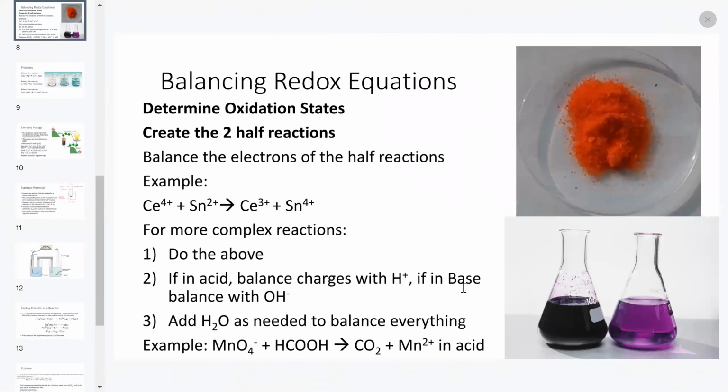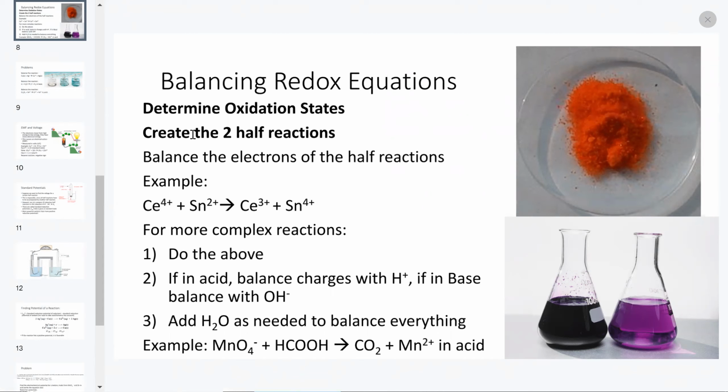So now we're going to actually look at some redox reactions. Okay. So let's say we're given a random redox reaction and we need to balance it. So there's a few steps that we can always follow. So the first step is to determine the oxidation states.